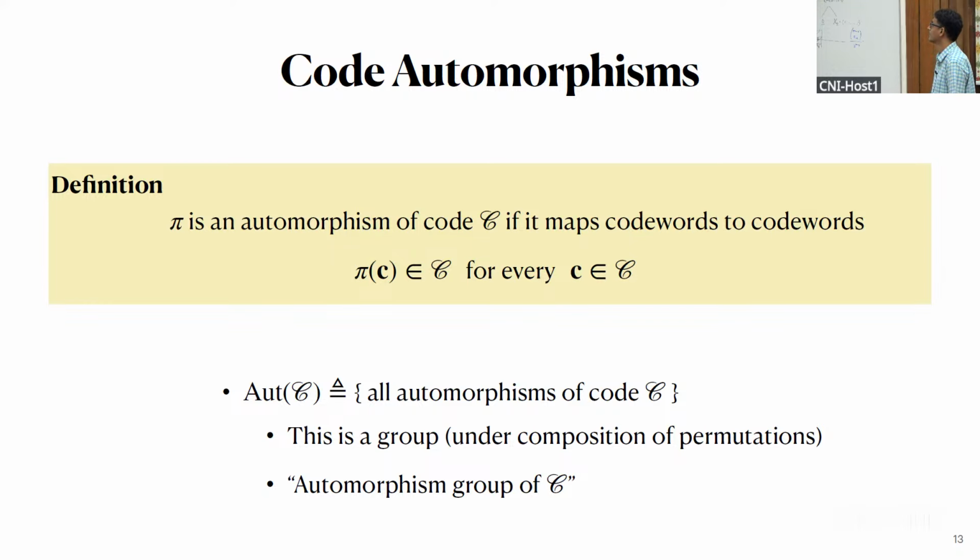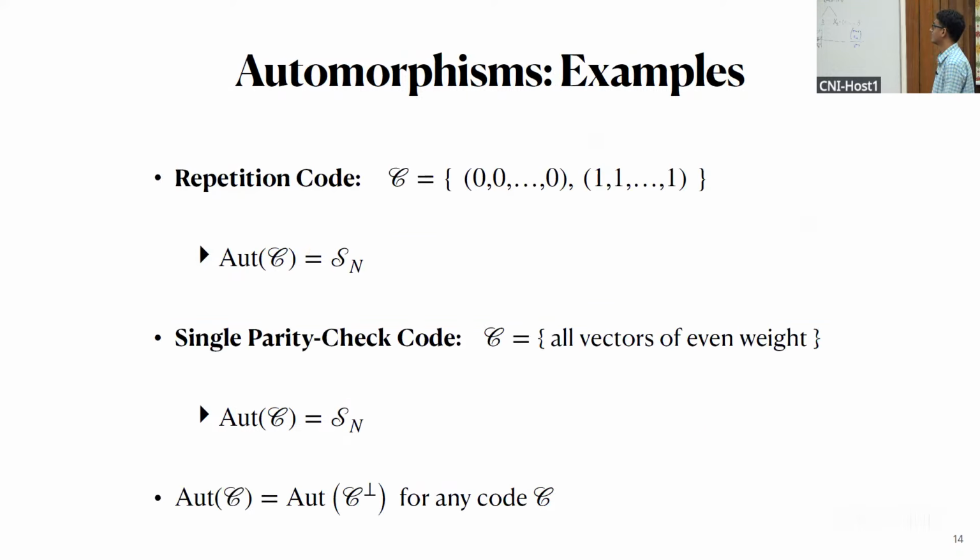Okay, so for instance, a few examples. First one is the repetition code. You have all 0s and all 1s. You pick any permutation you like, apply it on all 0s, you get all 0s. Apply it on all 1s, you again get all 1s only. Which means that every permutation is an automorphism. It's a very simple code. Similarly, a single parity check code.